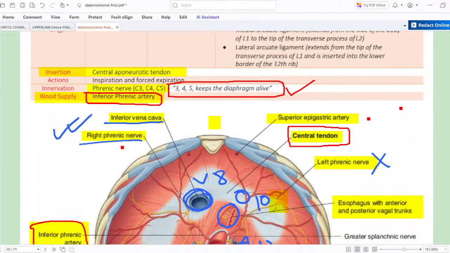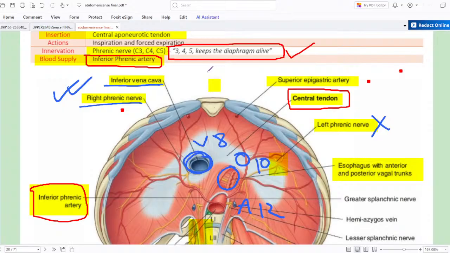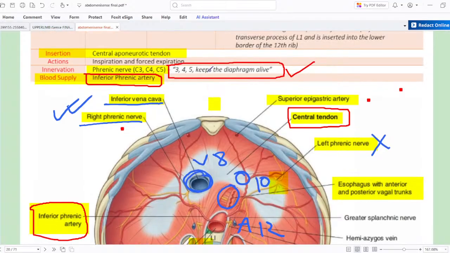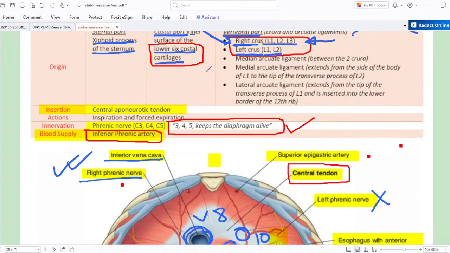Insertion: the diaphragm inserts into the central aponeurotic tendon, all three parts. Their action is inspiration and forced expiration, and they are innervated by the phrenic nerve.